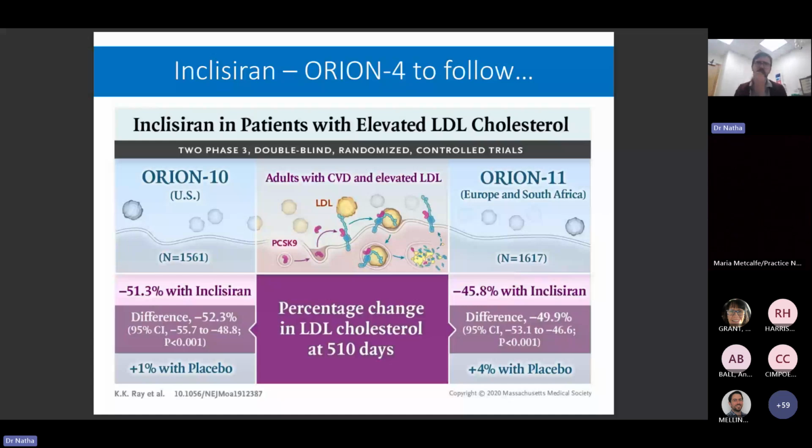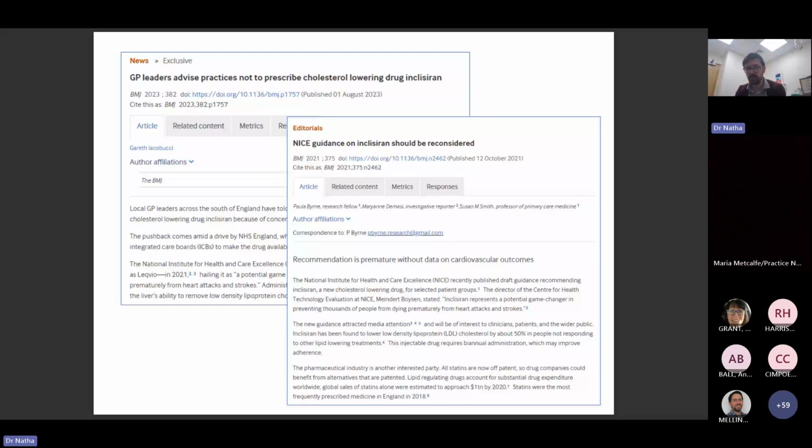The controversy around inclisiran that it would be remiss of me not to acknowledge has been about the long-term data. Orion 4 is the long-term safety data trial, which is due to be published in the next few years. And understandably, there have been feelings amongst leaders within primary care and other organizations about introducing inclisiran into pathways prior to the Orion 4 study being published.